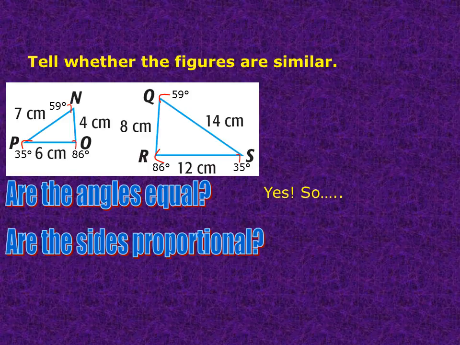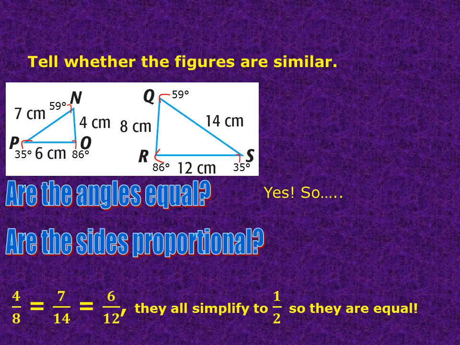So we move on to see if the sides are proportional. So we've got 4 to 8, 7 to 14, and 6 to 12, matching them up alphabetically. They all simplify to 1/2, so the ratios are equal, which makes the sides proportional.